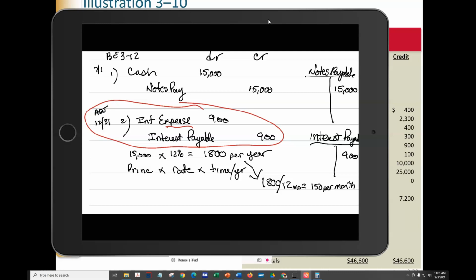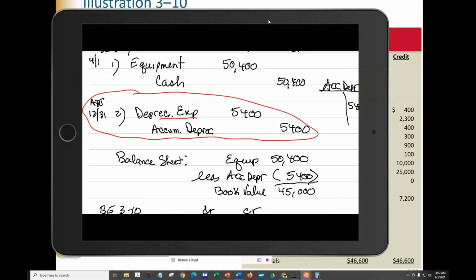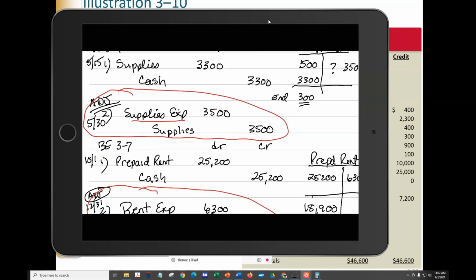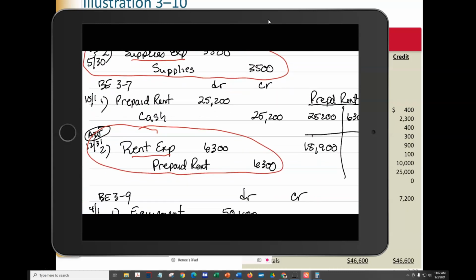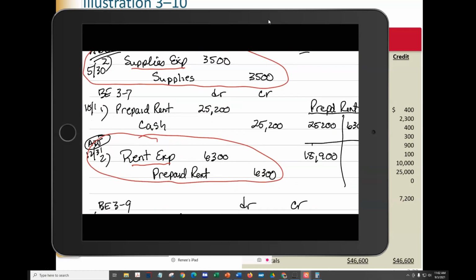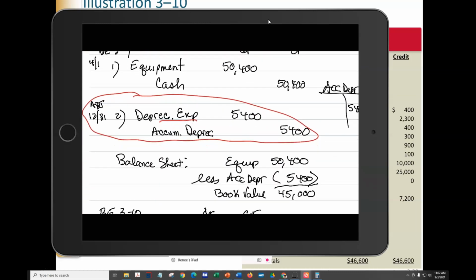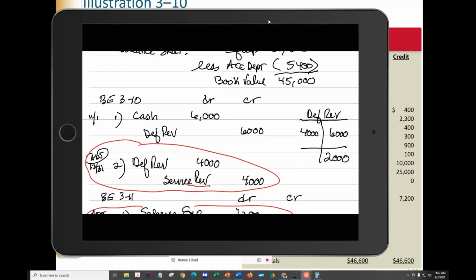One more time, and this is important. You're either going to debit an expense or credit a revenue in an adjusting entry. Always. It must have one or the other. And you can't have both. When you debit an expense, you're going to either credit an asset account, like supplies, prepaid rent, accumulated depreciation.